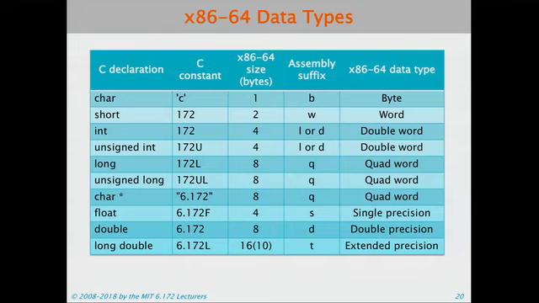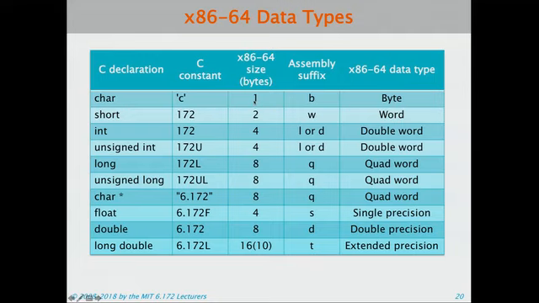Okay, so here are the x86-64 data types. The way I've done it is to show you the difference between C and x86-64. So for example, here are the declarations in C. There's a char, a short, int, unsigned int, long, etc. Here's an example of a C constant that does those things.